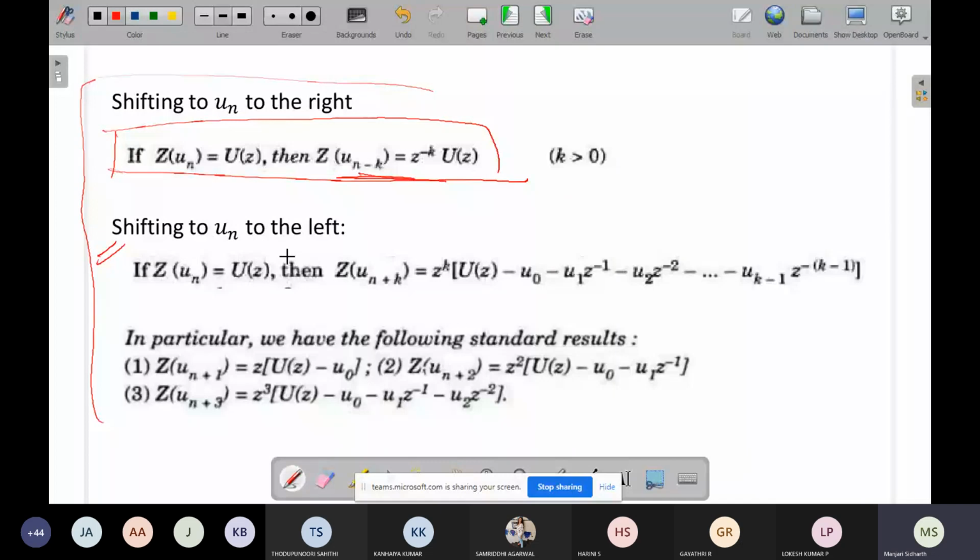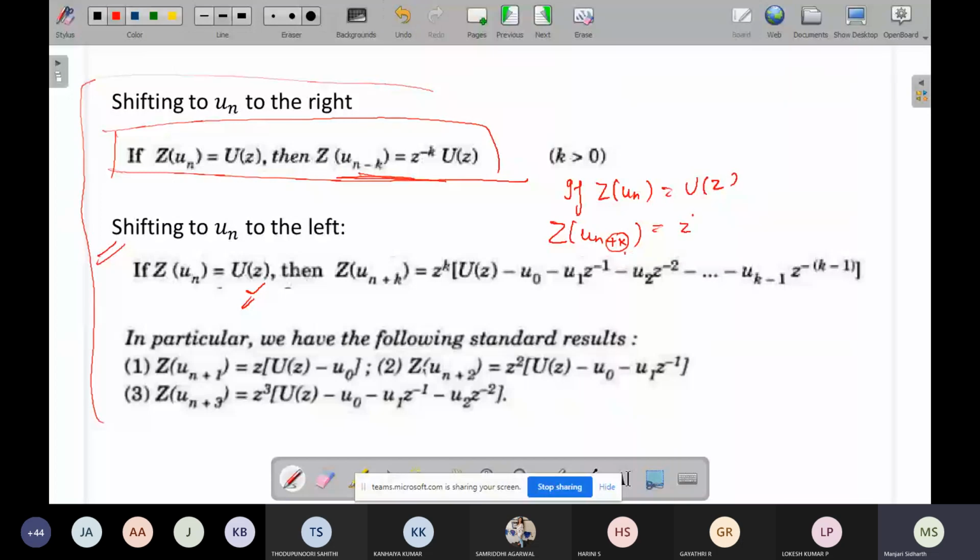Now, what is this? If z transform of un is Uz, then the z transform direct formula for shifting k units, n plus k: however much I am shifting, it's k, right?